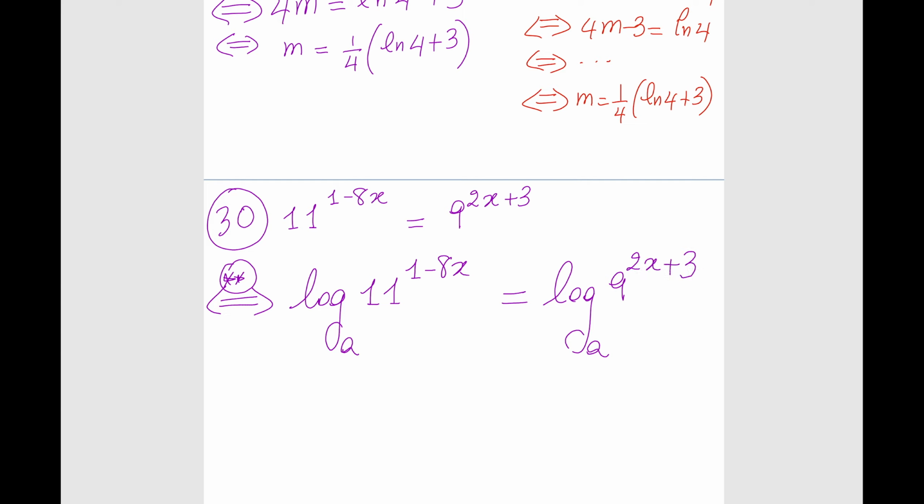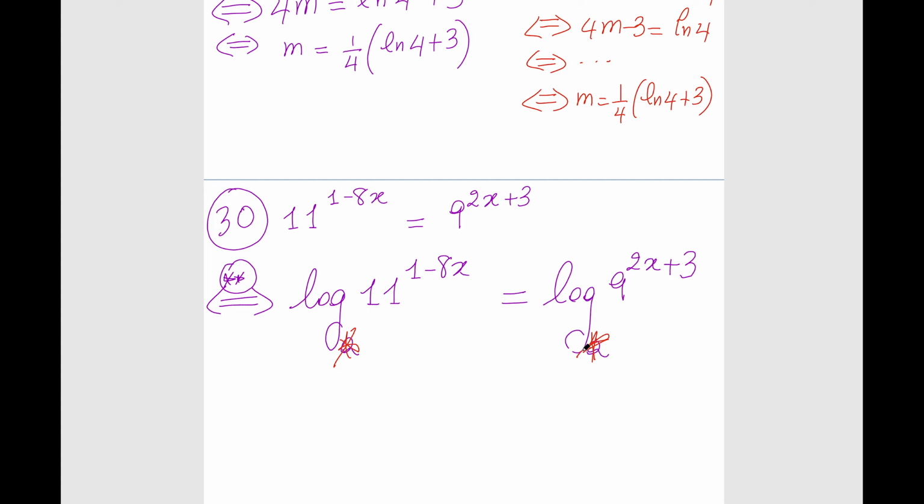Okay, and the question is, what do you want to choose for this base? As long as you choose a base which is positive and different than 1, you're good, right? You get the equivalence. What's the best one to choose? Well, you might think 11. If you take 11, these two cancel each other, but log base 11, 9, back to back, they don't cancel each other.